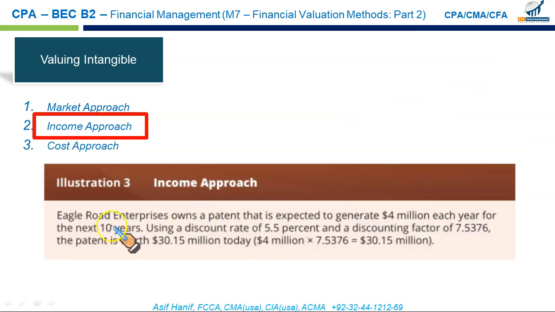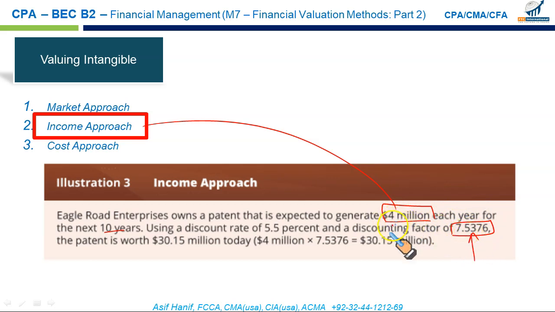Income approach already discussed. This is an example of the income approach. Eagle Road Enterprises owns a patent that is expected to generate 4 million each year for the next 10 years. This is the income generated by this asset. We can discount these 4 million cash flows by multiplying with the annuity factor. I told you when the cash flows are similar, we can use an annuity factor. We discussed it at the very start of this lecture.